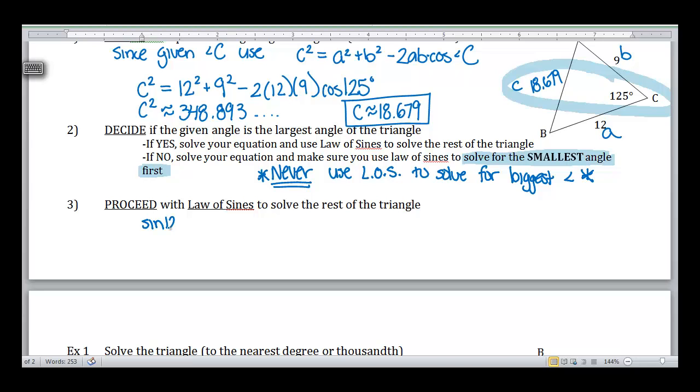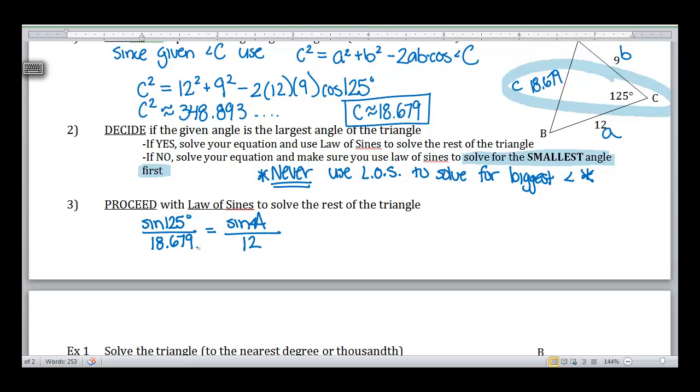So the sine of 125 degrees divided by what we now know, the opposite side is 18.679, should equal the sine of angle A divided by side A, which is 12.